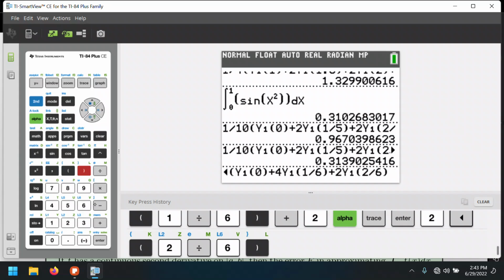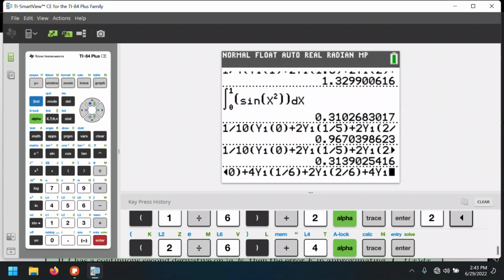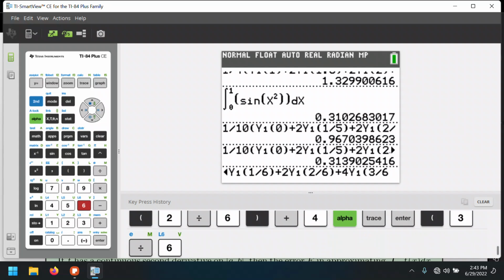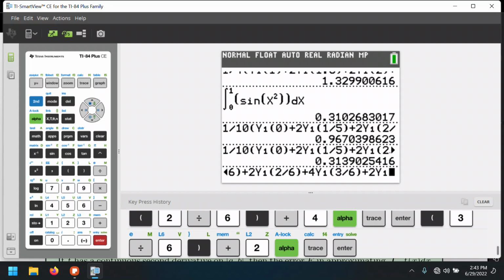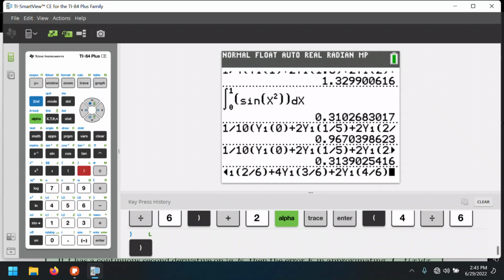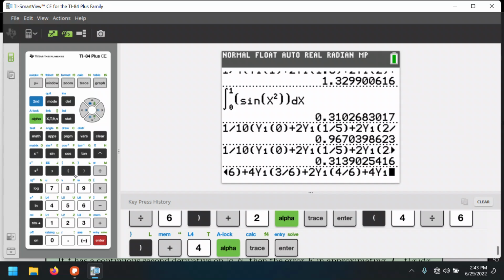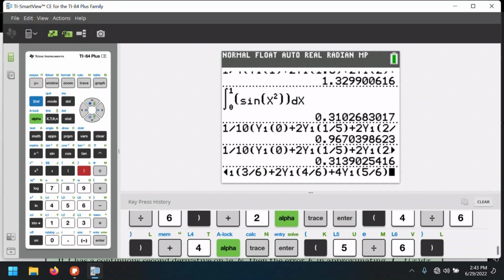Let's use again the factor of 4, plus 4 times alpha, trace, enter, 3 over 6, and plus 2 alpha, trace, enter, open parenthesis, 4 over 6, and plus 4 alpha, trace, enter, open parenthesis, 5 over 6, and we're going to write the last one, but the last one doesn't require any factors, right?